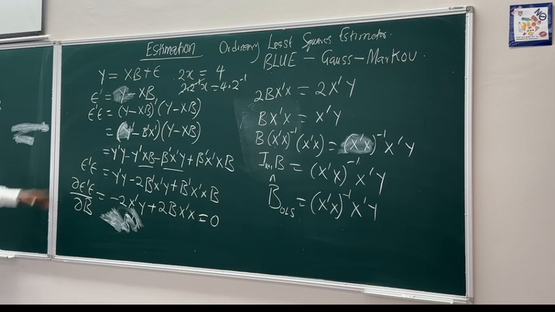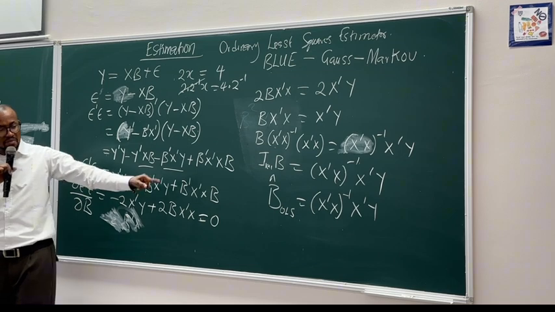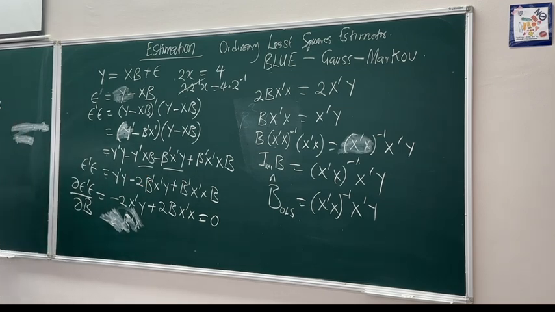Okay, so we have obtained the OLS estimate. What's the next thing we need to do? We need to find the mean and the variance of this estimate. Remember the Gauss-Markov theorem. The Gauss-Markov theorem states that the OLS estimate of this regression model is the best linear unbiased estimator in the class of all linear unbiased estimators, because this estimator has what? The minimum variance.